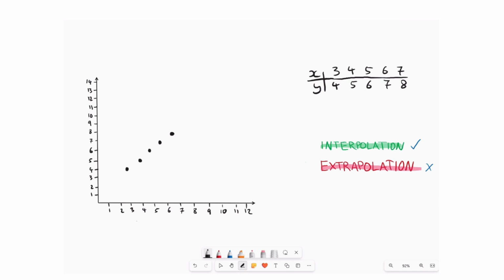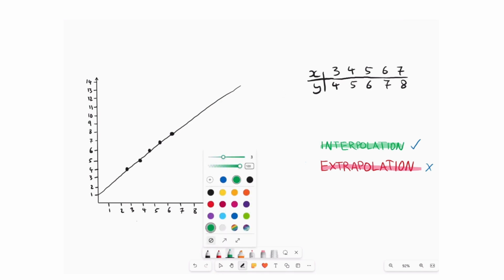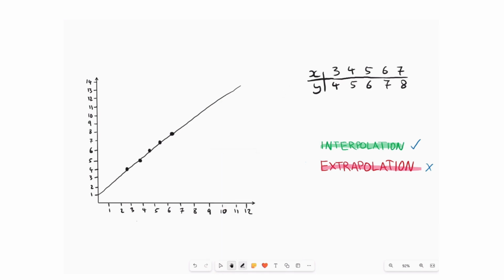So, look at this made-up scenario that I've made. You have your x, your y, and here are all the points I've plotted. If we were to draw a line of best fit, it would probably go like that, right? That's the overall trend. Now, we only have x values from 3 up to 7, so our domain goes from 3 to 7.